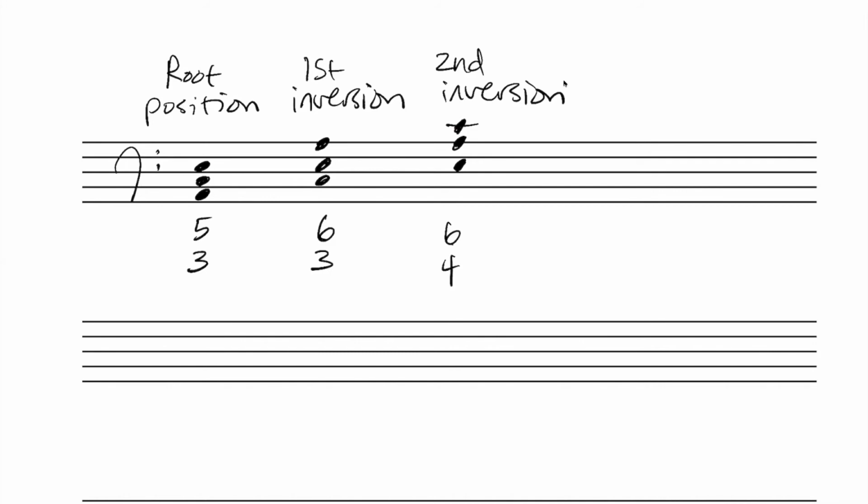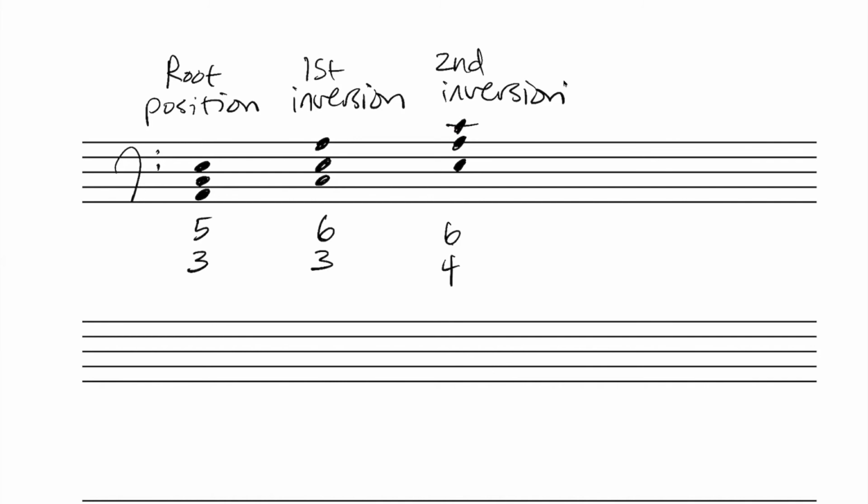So those are the full figured bass symbols that are used. Well, I don't mean to make your lives more complicated, but in practice, we don't use these full symbols. We use an abbreviated version of these, and I'd like to show you what that looks like.